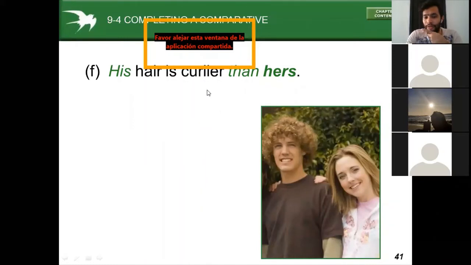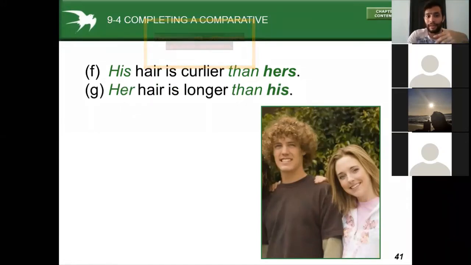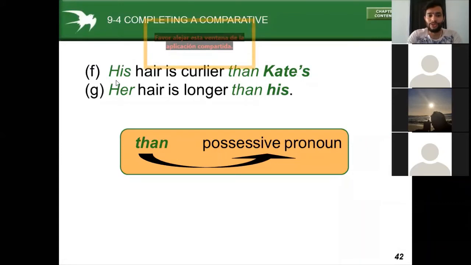Su cabello es más enrolado que el de ella, right? Or her hair is longer than his. Or you can also use his hair is curlier than Kate's. Este ejemplo también lo coloqué yo en el ejemplo de farther and further, donde recuerden que esto es posesión. Se refiere a el de ella. ¿El de quién? El de Kate's.